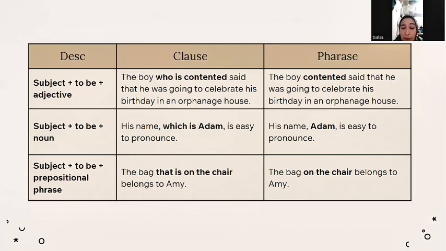Phrase: His name, Adam, is easy to pronounce. Subject plus to be plus prepositional phrase: The bag that is on the chair belongs to Amy. Phrase: The bag on the chair belongs to Amy.